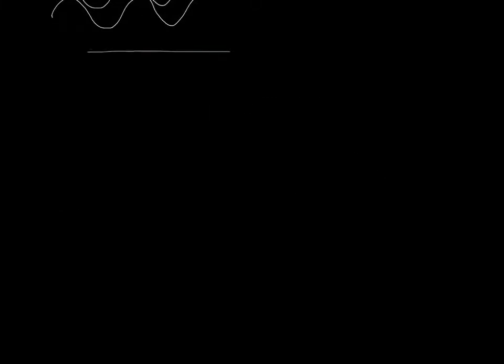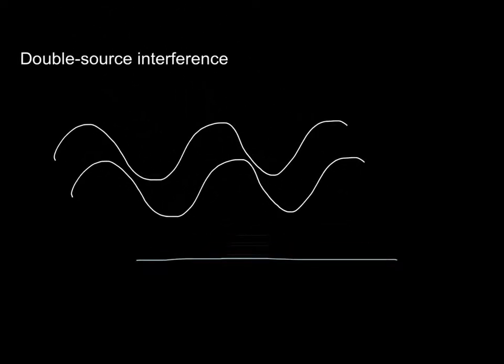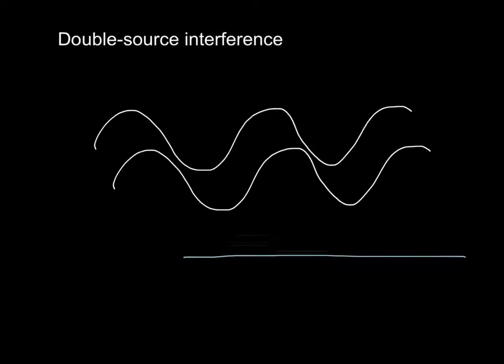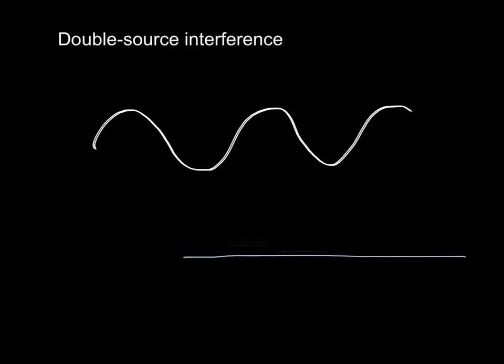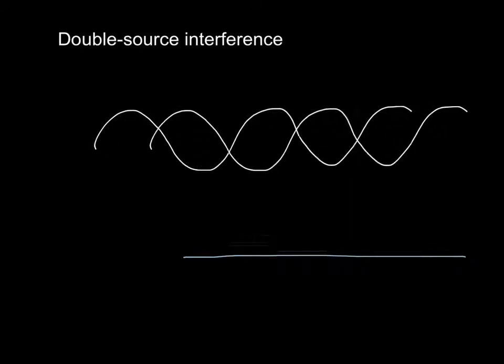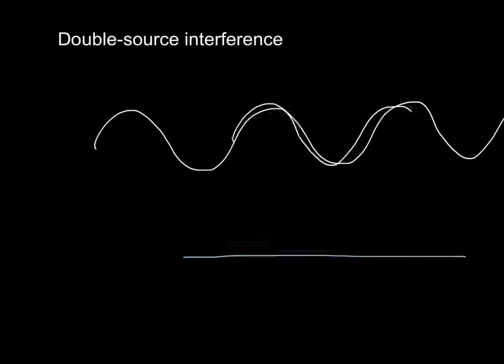Okay, so let's erase this and go back there. Here I have my two waves, and obviously I will have constructive interference when these guys are in the same position. Is there any other path difference that will also give me constructive interference? Pause the video and tell me. Well, of course there is. If I move this one wavelength, then I still have constructive interference.